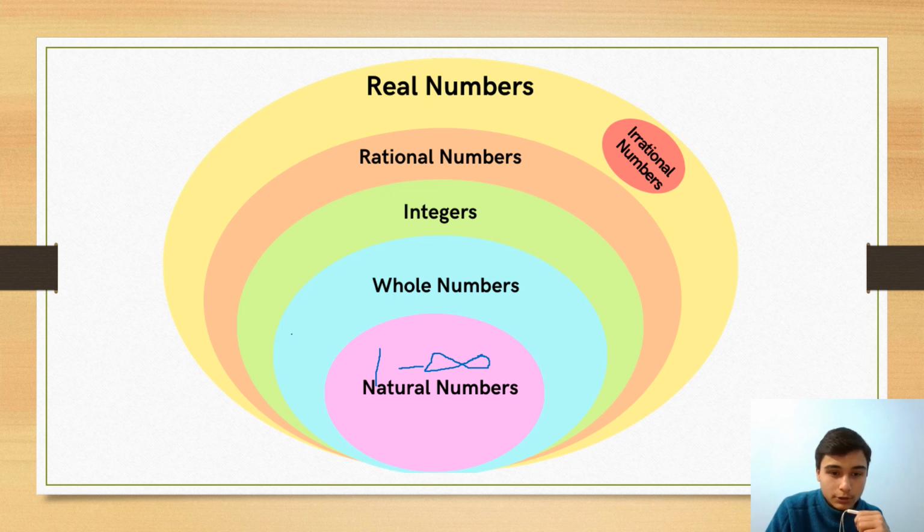If we talk about whole numbers, it starts from 0 to infinity. If we talk about integers, it includes negative natural numbers. Natural numbers are denoted by capital N, and minus 1 upon 2 or 1 upon 2 are all rational numbers, and then real numbers, and irrational numbers like root 6, root 7, and all this.